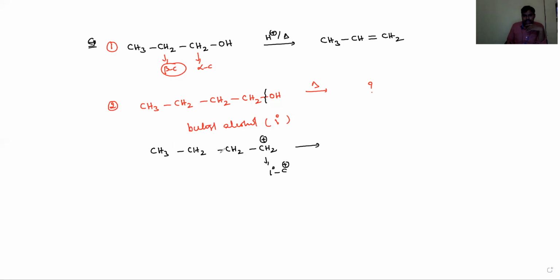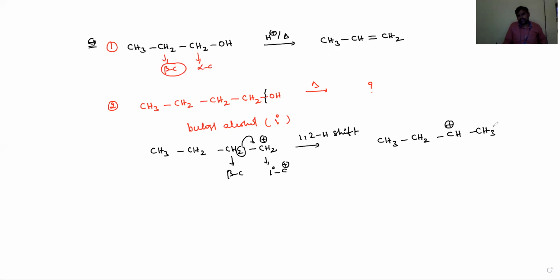Then hydrogen shifting takes place from the adjacent beta carbon to the primary carbocation. This 1,2-hydrogen shift produces a more stable secondary carbocation.